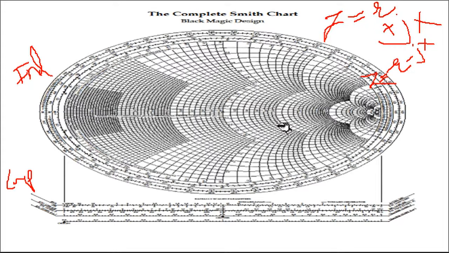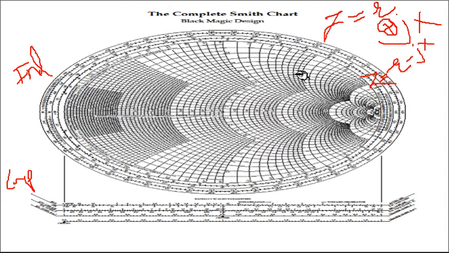And whenever I am talking about r minus jx, I need to see the circle and arc where they are crossing on the lower half. Okay, so upper half and lower half, this is very very important to understand. Whenever the impedances are measured, sometimes students make a mistake. They know how to locate r, they know how to locate x, but they don't concentrate on this plus or minus sign.